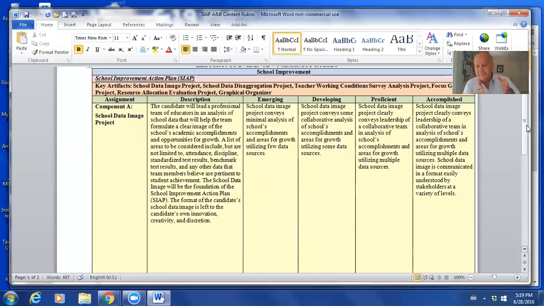Analyzing the data, looking at root causes, setting goals based on subgroups. You know, we're going to help African American males do better on algebra EOCs or whatever it might be. And then monitoring the progress and tracking that data.